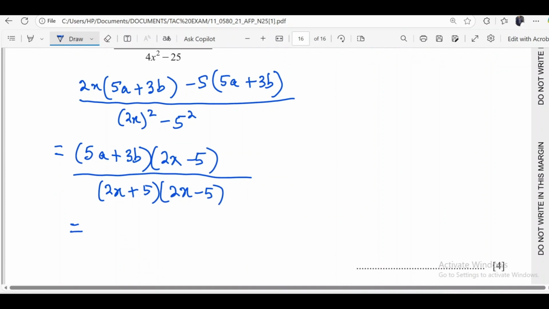Evaluating this more, we see that this and this will cancel out. We have 5a plus 3b all over 2x plus 5. Okay, so we can write that out. 5a plus 3b all over 2x plus 5.